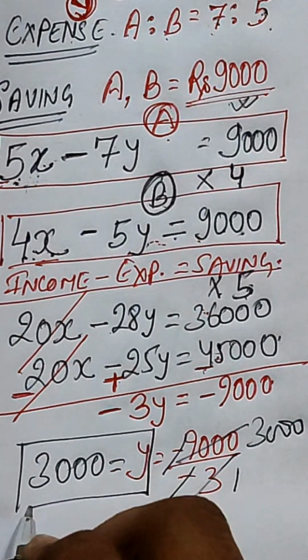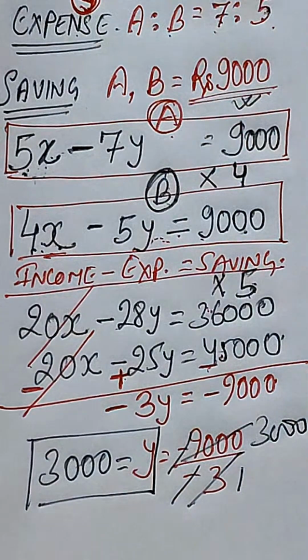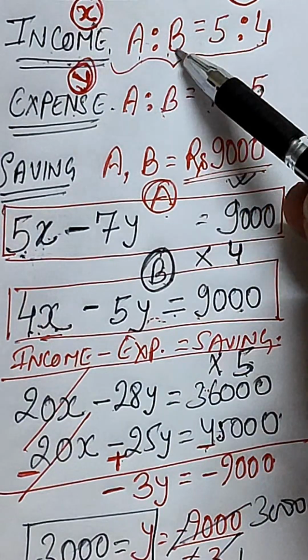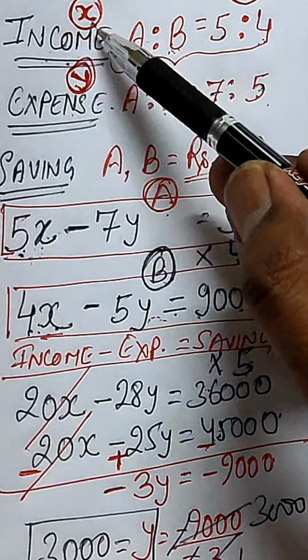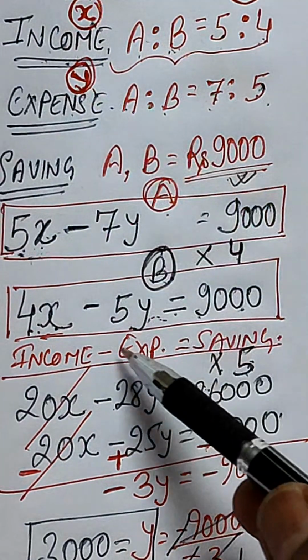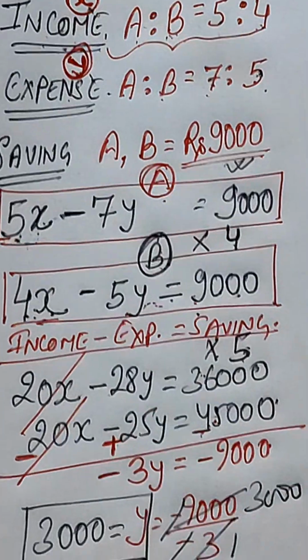So this is calculated. Now what is the value of x? Because we need to find the income of A and B, and to calculate the income we should know the value of x. Since we have calculated y, you can use one of the equations to calculate the value of x also, right?